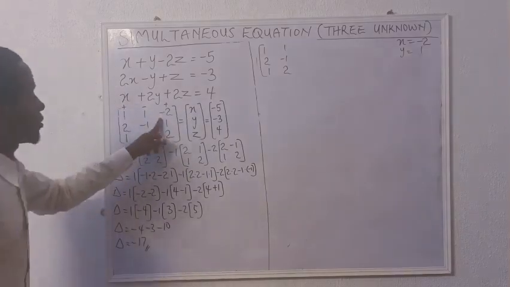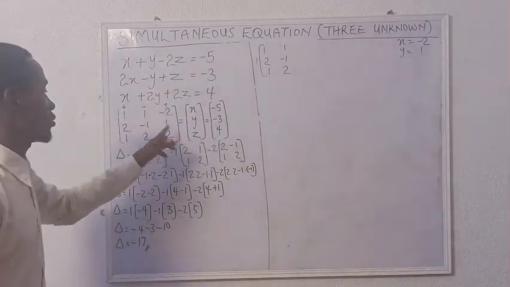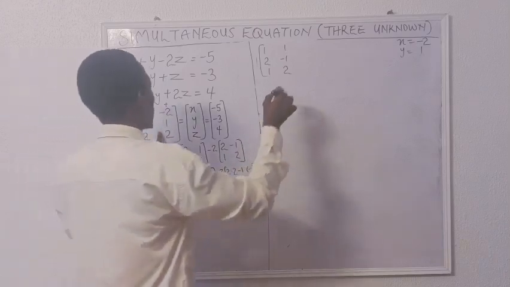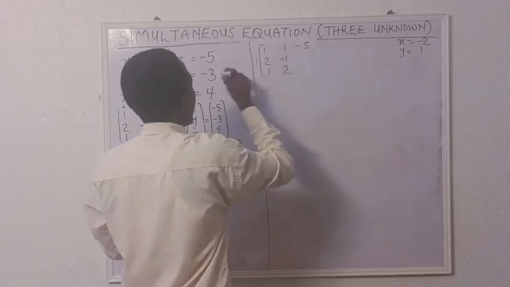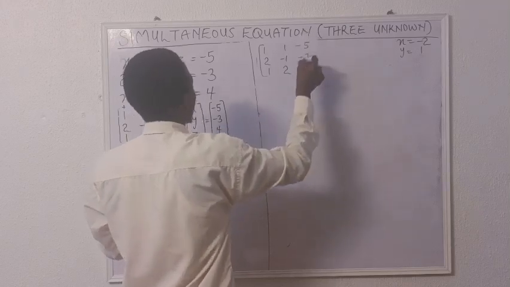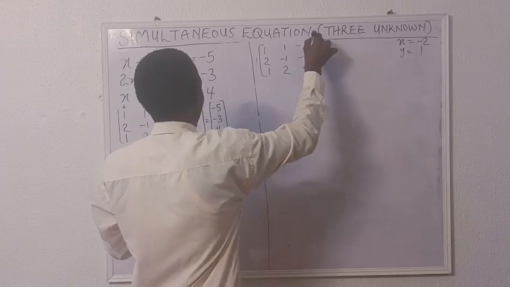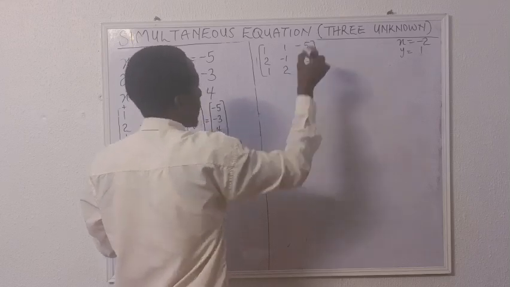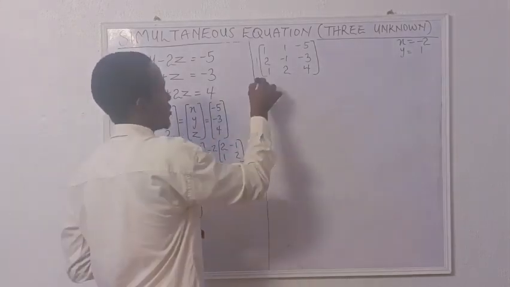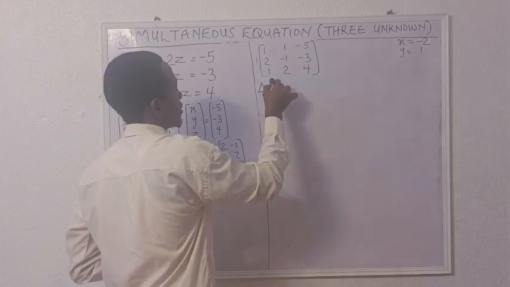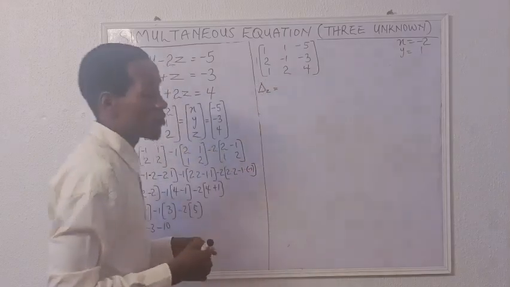And the last column, I'm putting the answer so that I can get my third unknown variable. So that will be minus 5, minus 3, and 4. So remember this stands for z. So I'll call this delta z to look for my determinant of the third unknown variable.